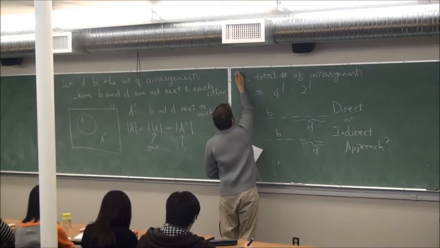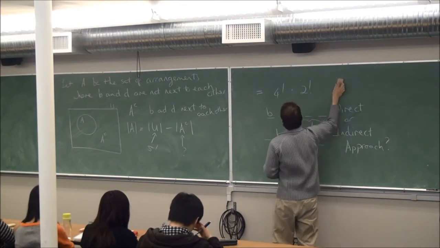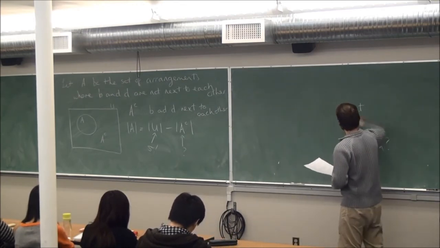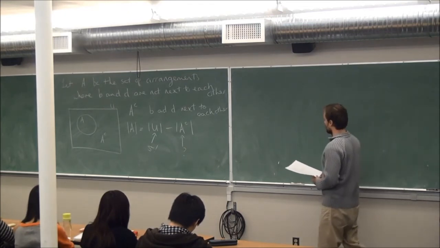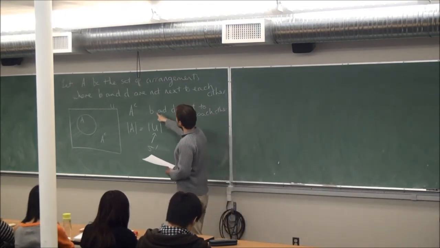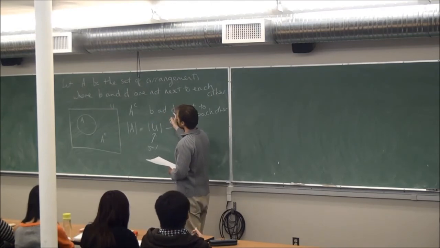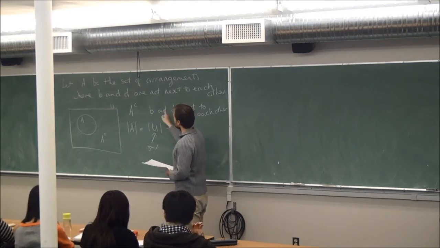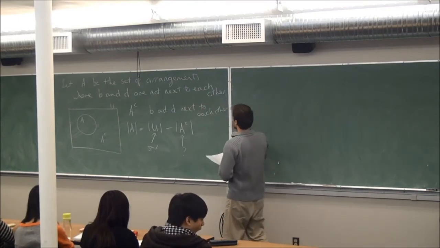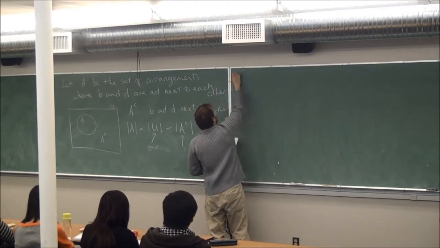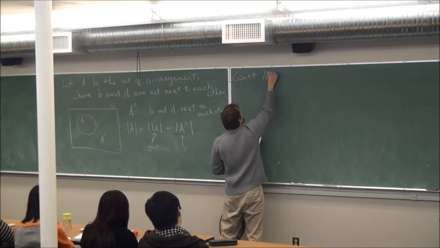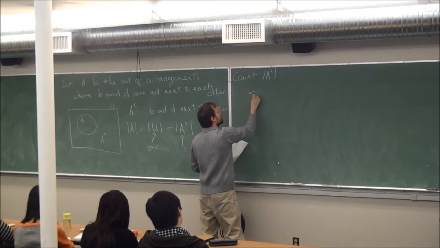But I've made it clear what A complement represents, what restriction it represents, and now I have the same thing I had in B, where I have two letters that I want next to each other. So let's count A complement, and I'll do that in 2 steps.